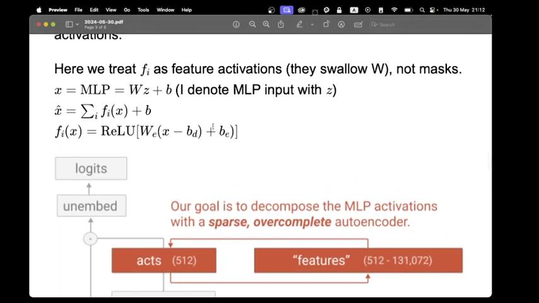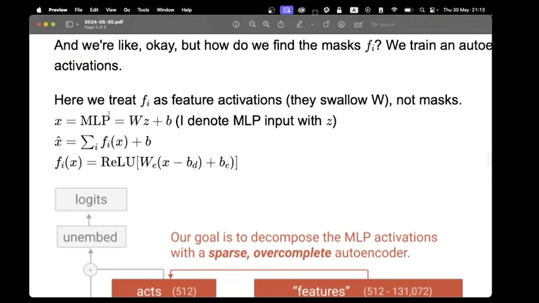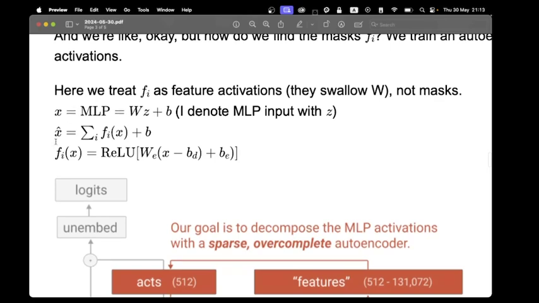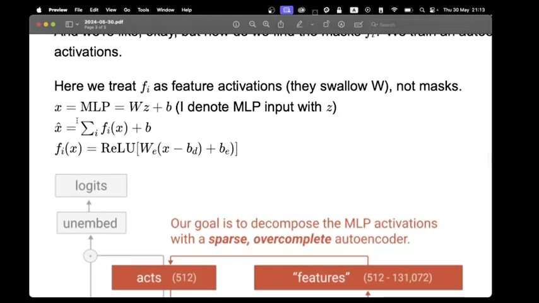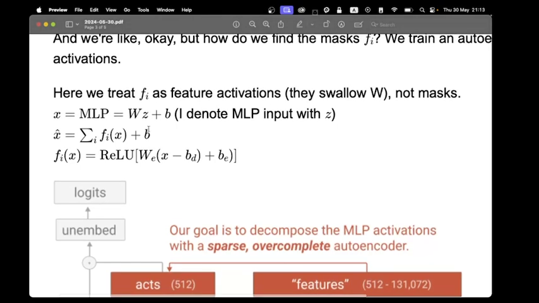Basically we say that we are trying to reconstruct x, the linear layer output. We had the original computation as Wx plus b, and we are trying to learn the sum of f of x plus b.